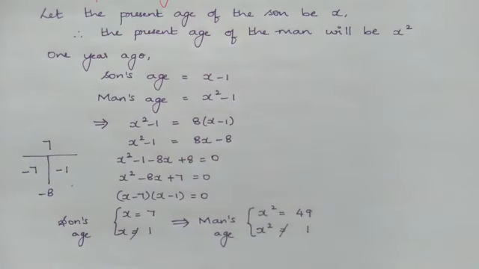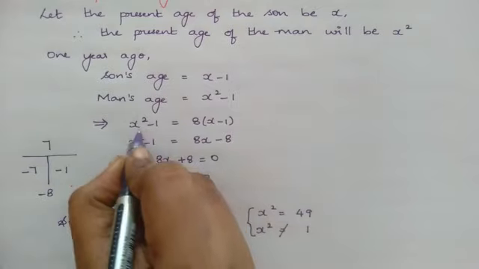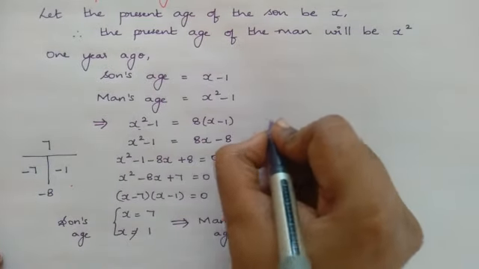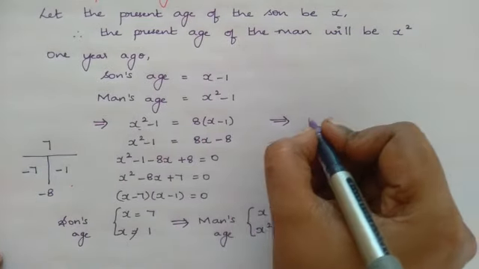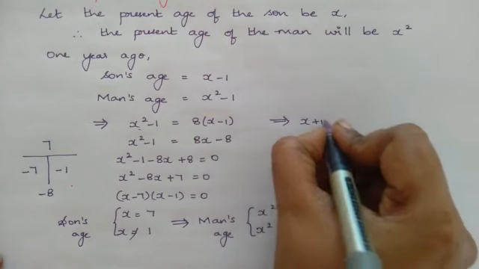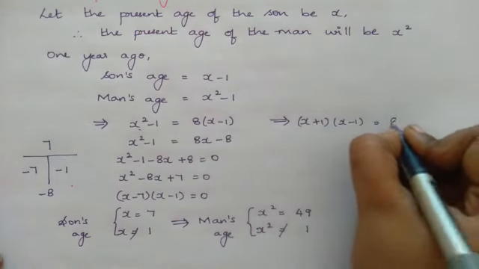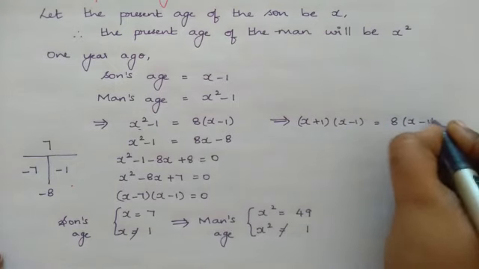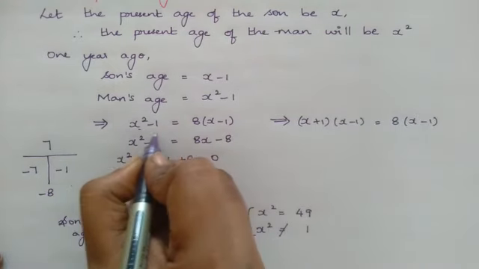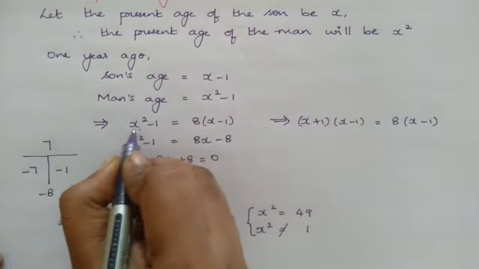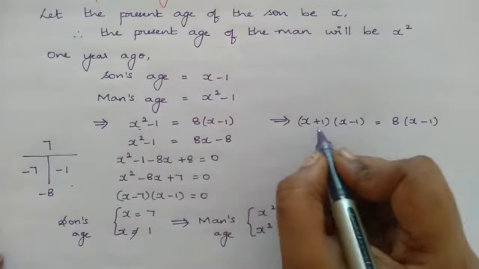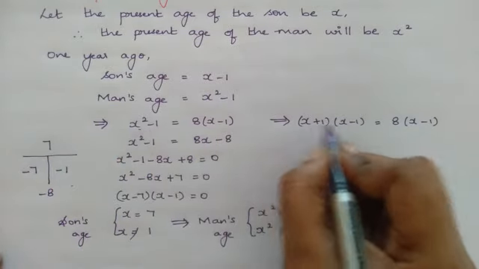That's it. Let me show you a shortcut on this side. Consider the same equation here. x square minus 1. Can we write it as x plus 1 into x minus 1? Yes, we can. So this is 8 into x minus 1. This expression is of the form a square minus b square, and I have split it using the identity.